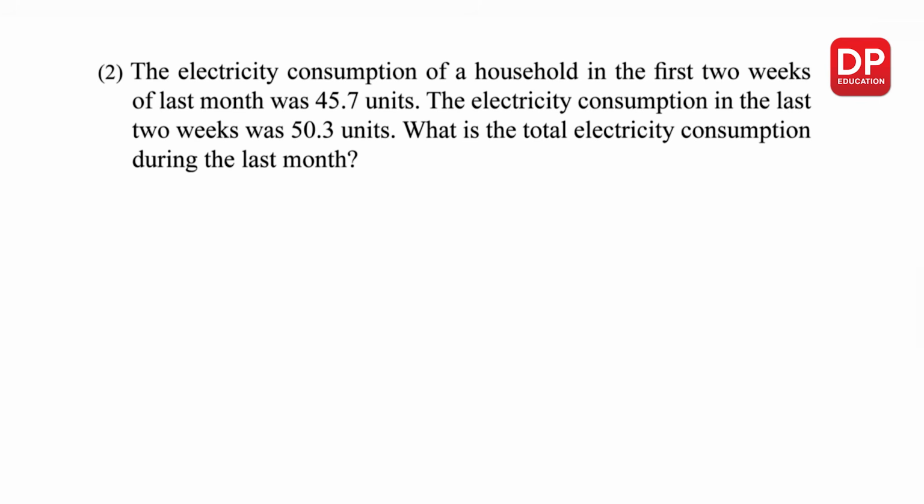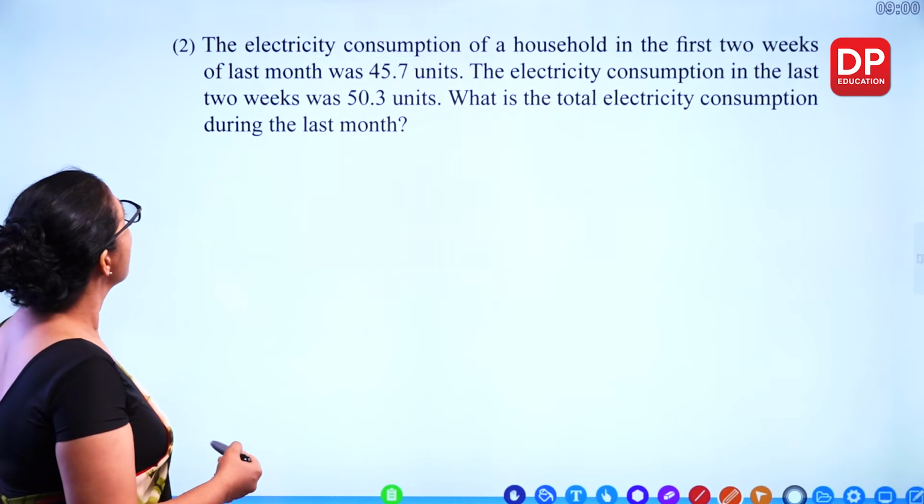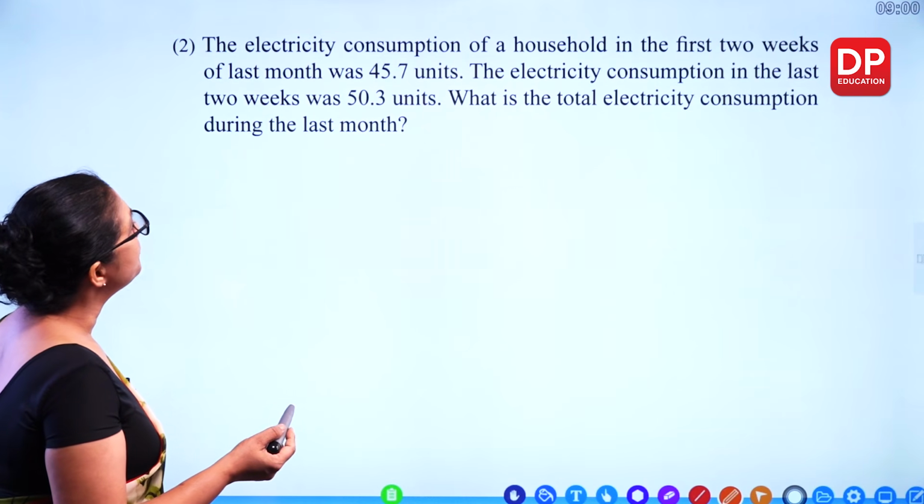The electricity consumption of a household in the first 2 weeks of last month was 45.7 units. The electricity consumption in the last 2 weeks was 50.3 units. What is the total electricity consumption during the last month? So you have to add those two.